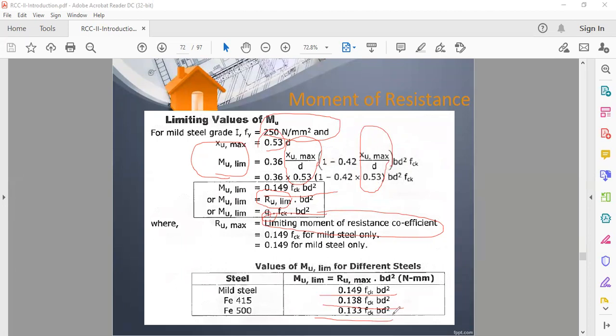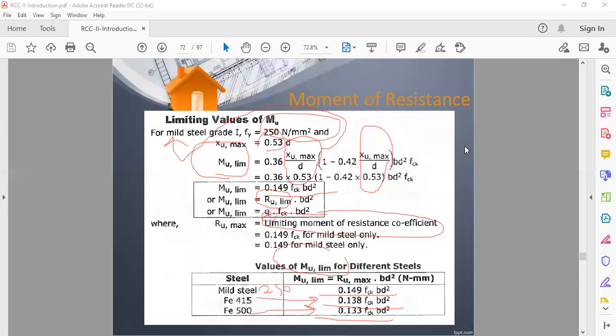So these are the values of moment of resistance for 250, 415, and 500. Those are the limiting values of Mu, and they depend majorly on Xu max by D. Xu max by D depends on which grade of steel you are going to use, whether it is mild steel or HYSD.